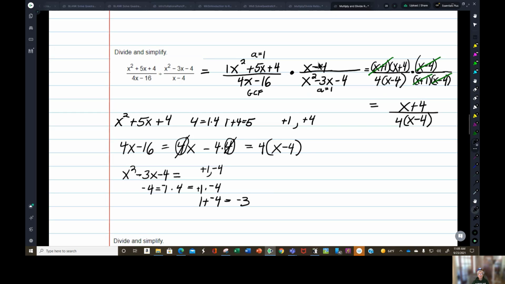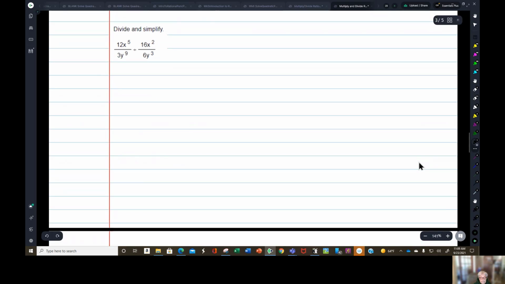Well, that was so much fun. Let's do another. Well, this looks easier. I mean, at least there aren't as many terms, are there? Just for your benefit, just so you'll know, this is a monomial.